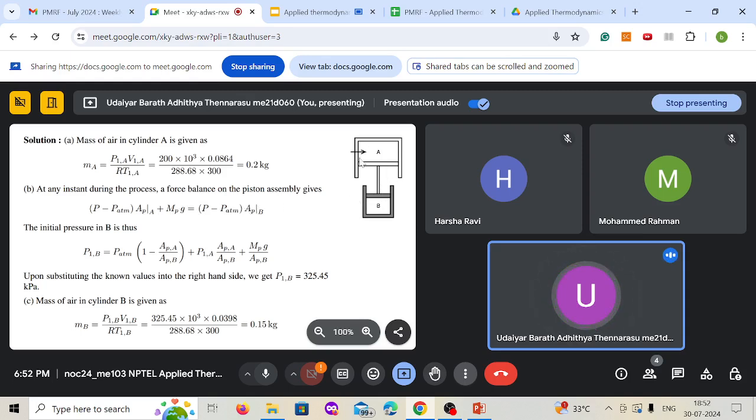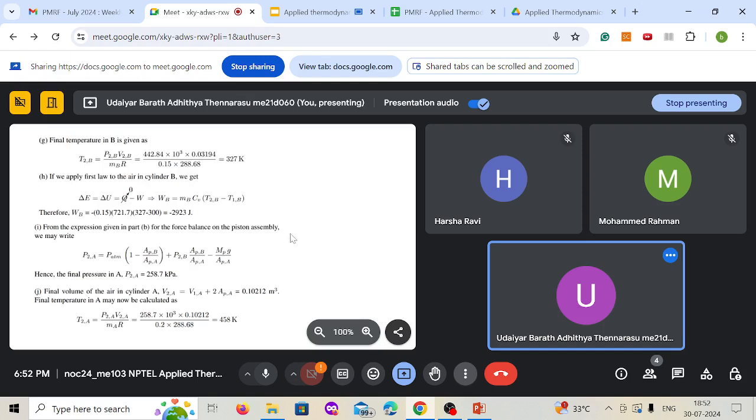So this is the force which is acting on the piston. So rearranging in terms of pressure of cylinder A and substituting all the values. You know the final pressure in cylinder B which is given in the problem, you know the piston weight, you know the cross sectional areas, you know atmospheric pressure 100 kilopascal. So substituting that, we will find out the final pressure in A is 258.7 kilopascal.